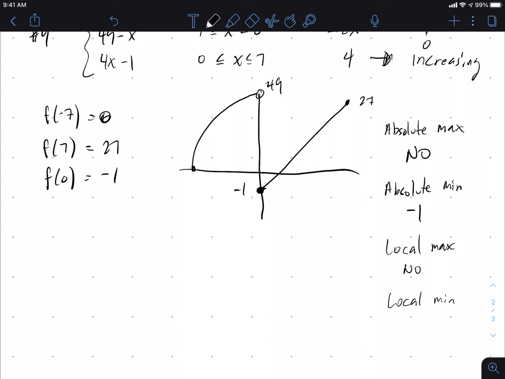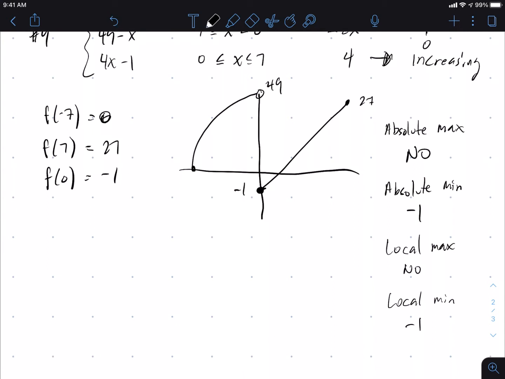Yes, -1. Why can we check -1? Because we can compare a value to the left. Right? Because if we look at something like a negative 0.1, isn't that going to be something like 48 point something? So we do have a local minimum there. Does that make sense? Yeah.